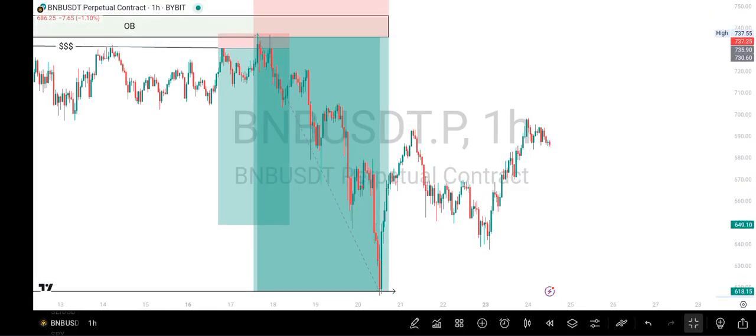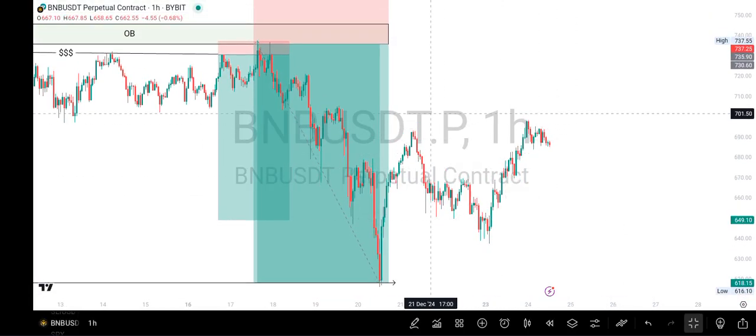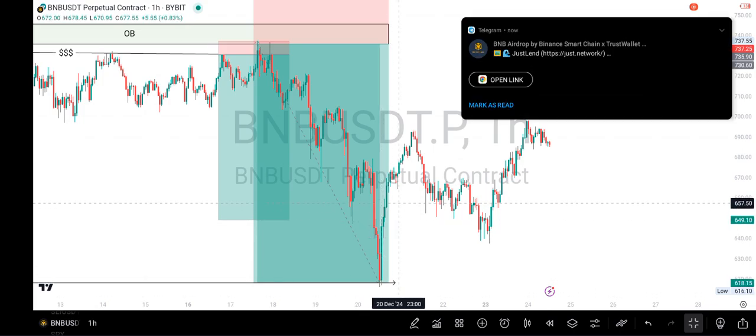That is to say that we are still bearish in this scenario. There is lower high, lower low, lower high, lower low, lower high here, lower low to this point, lower high here, then lower low to this point. Then we went up here, we broke this last lower high. That's a change of character to the upside.